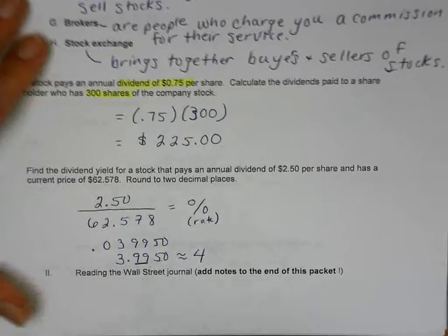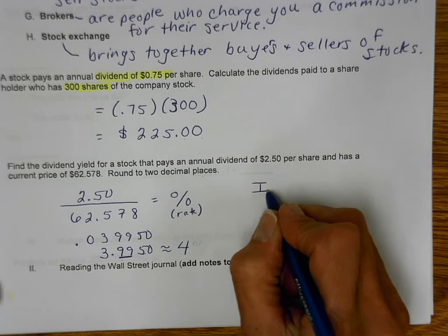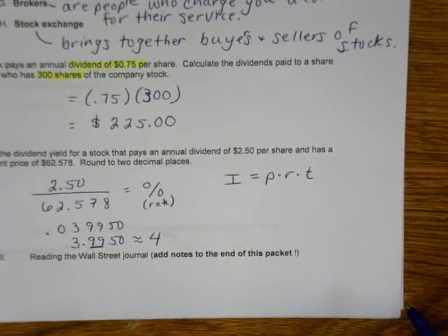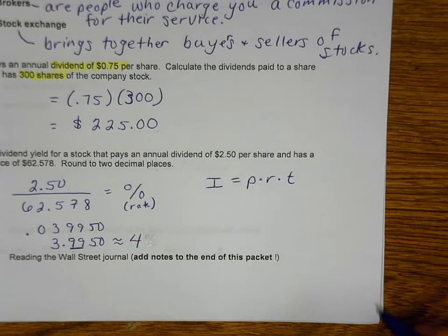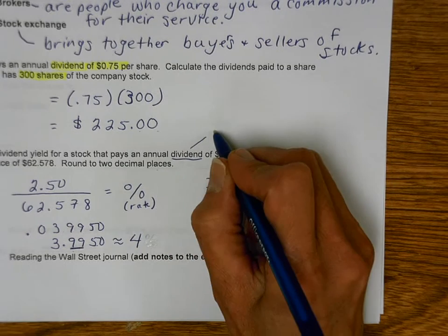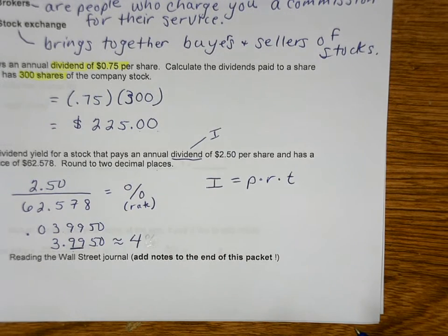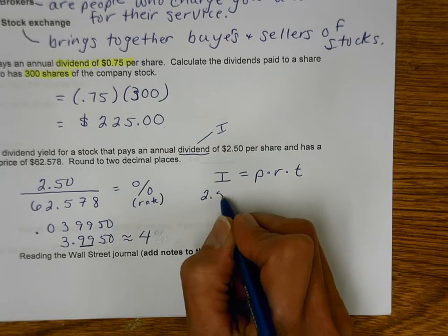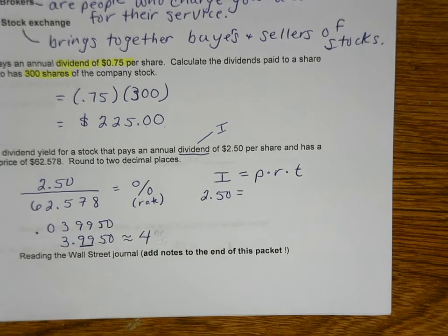The other way we can do this problem is we could use interest equals principal times rate times time. Now, in these problems, the dividend, that's your interest that you get from the company. So our dividend here is our interest. It's $2.50.